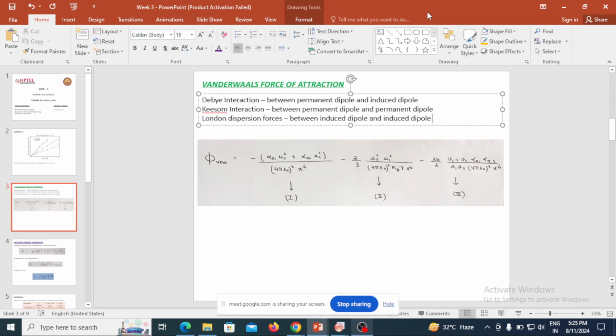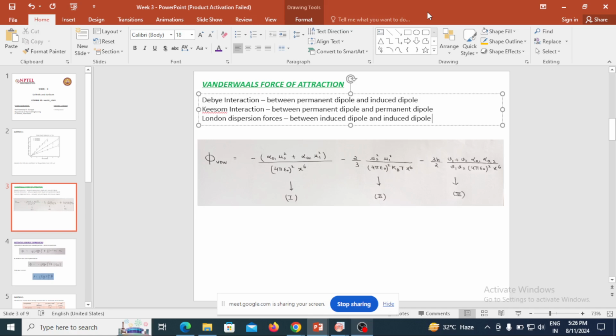Whereas in the case of an induced dipole, those types of molecules do not have any dipole moment for themselves, and due to the interactions or some sort of electronic disturbances, a dipole gets induced in these molecules. So based on these permanent dipole and induced dipole interactions, we have three different types of interaction.